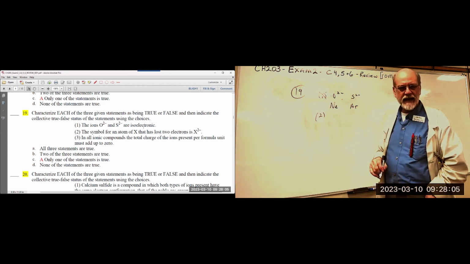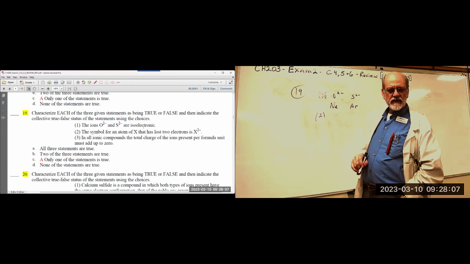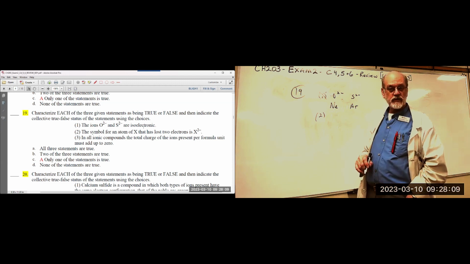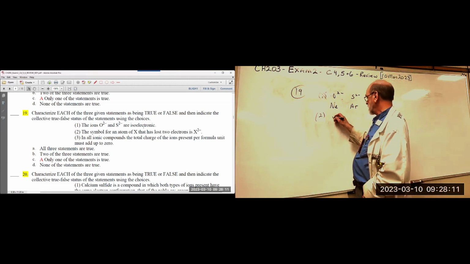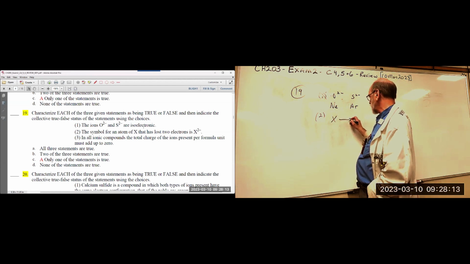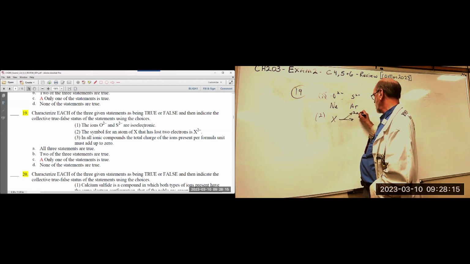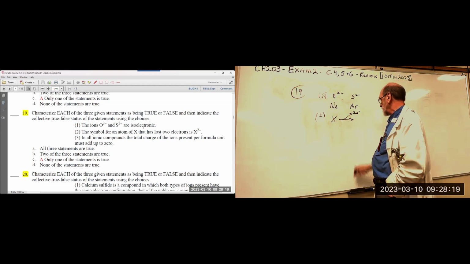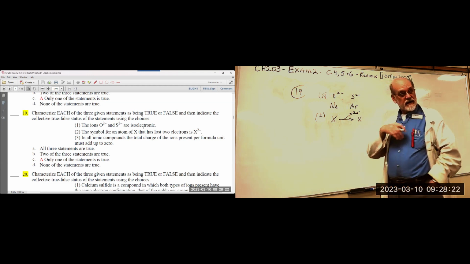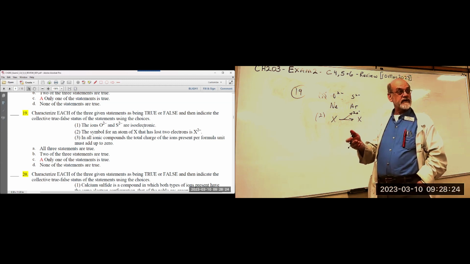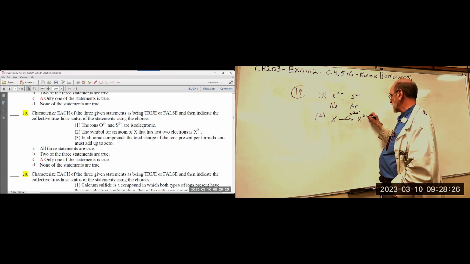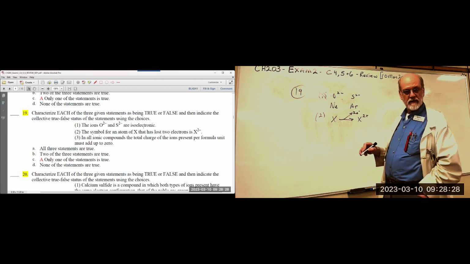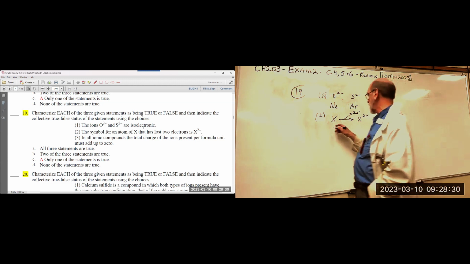The symbol for an atom of X has lost 2 electrons. So if X loses 2 electrons, what is it going to be? It's going to be an excess of positive charge, isn't it? 2+, right? So that one says 2-. That one's wrong.